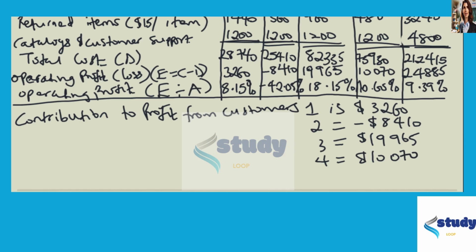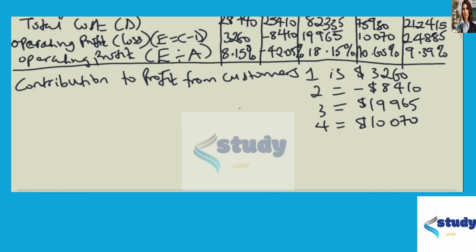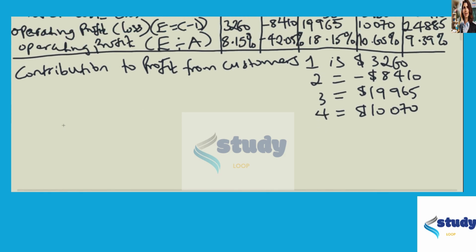So now moving on, the percentage contribution to profit is highest from customer 3, because if you look at the operating profit percentage, it's 8% for customer 1, negative for customer 2, and the highest is 18.15 for customer 3.